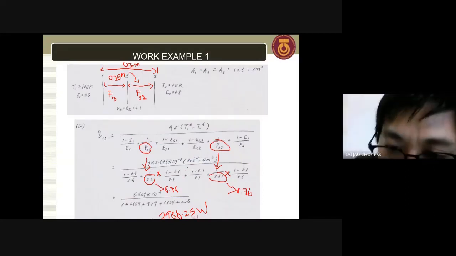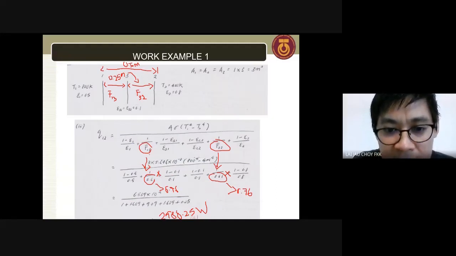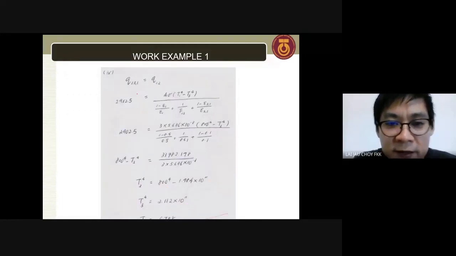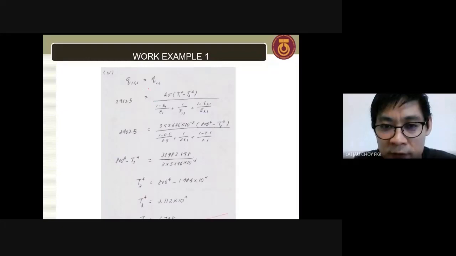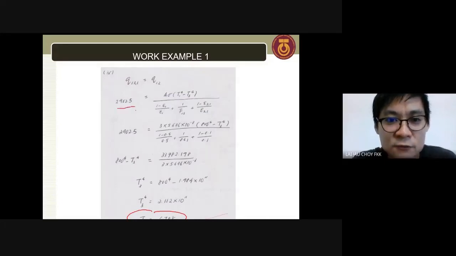So you also need to make some correction: the view factors F13 and F32 change after adding the shield. It's going to affect your T3 also, because now Q has already changed. It's 2988 something, so your T3 should be higher, I think.